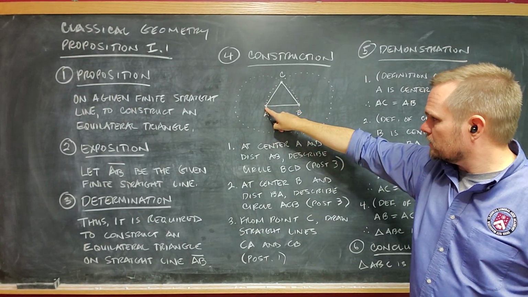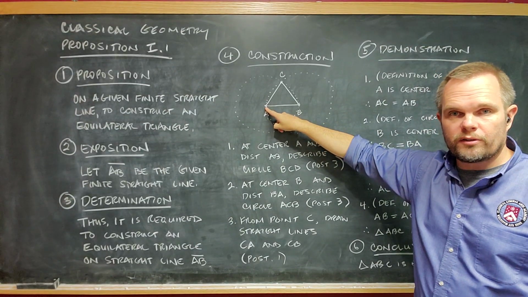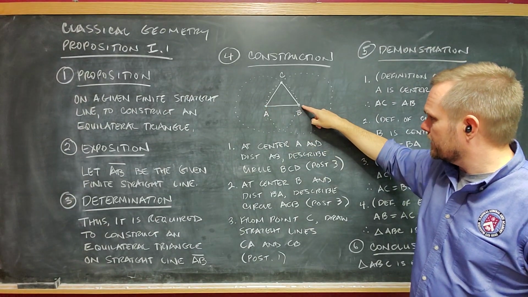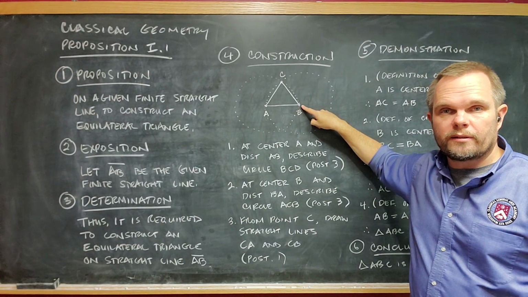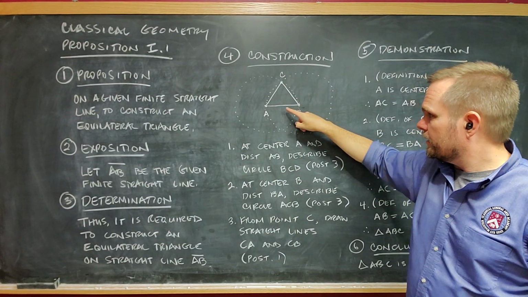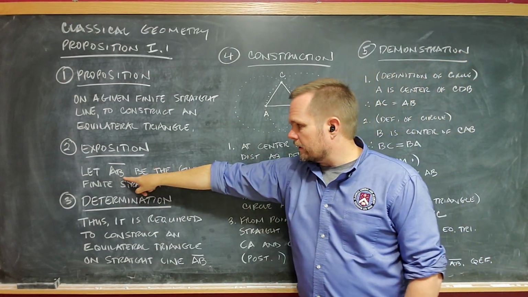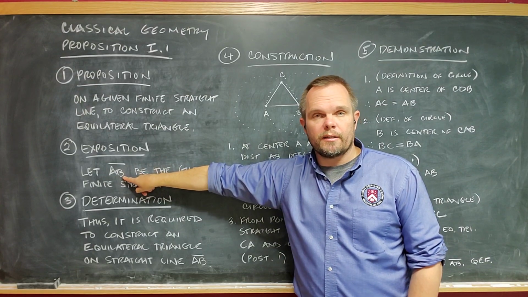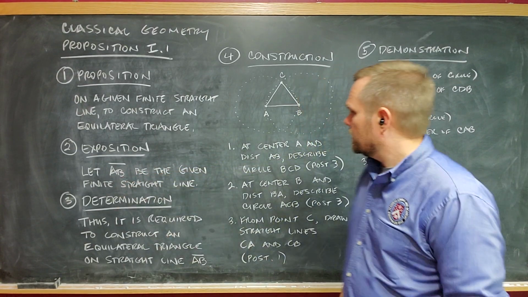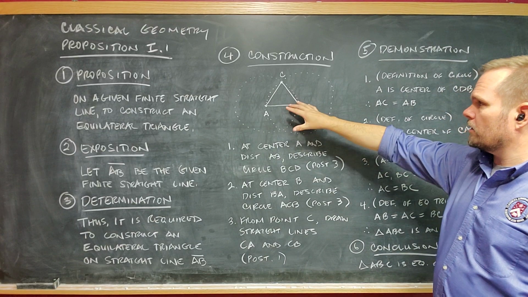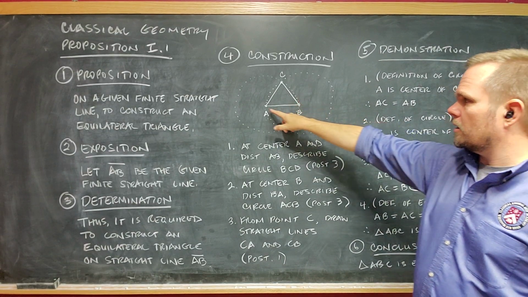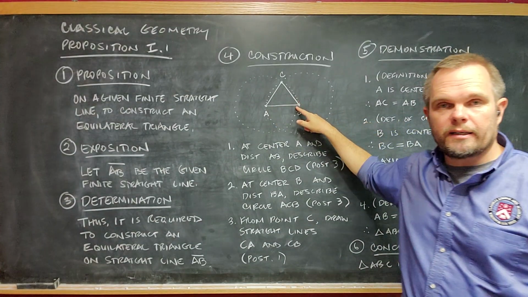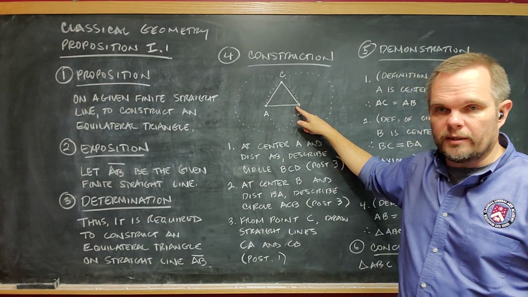A is the name of the point at one end of the straight line. B is the name of the other end point. This is straight line AB, which we labeled here in the exposition. And the challenge for us is to construct an equilateral triangle upon the given finite straight line AB.